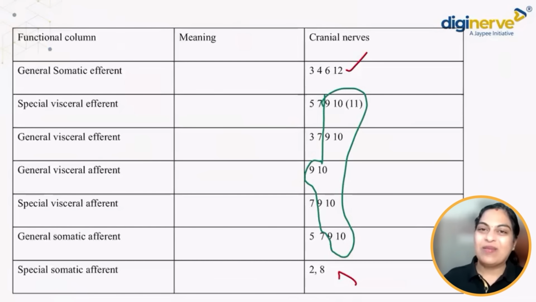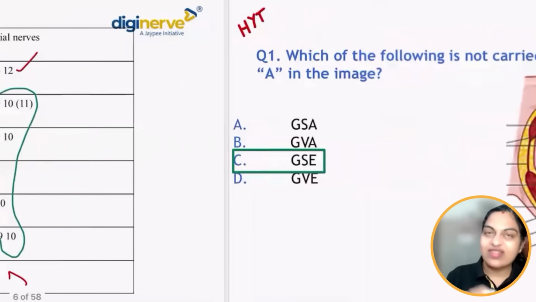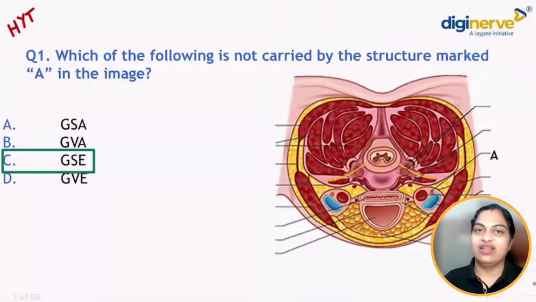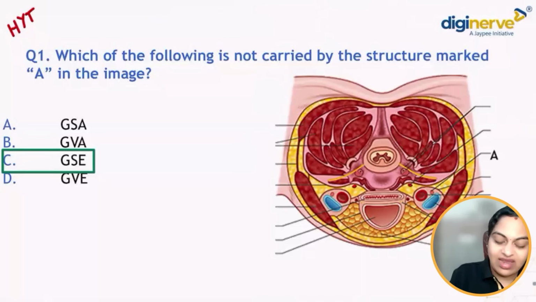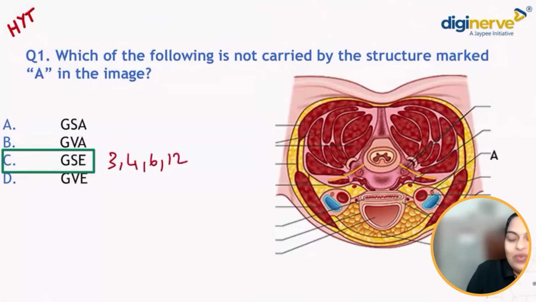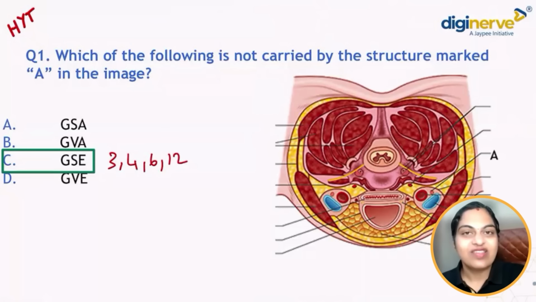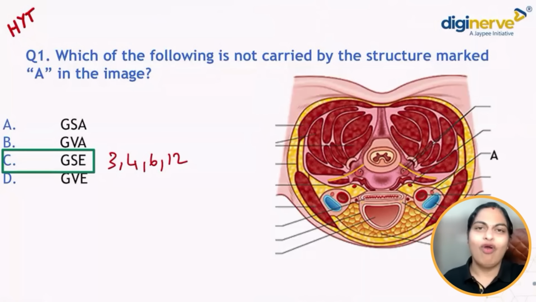That makes it easy. So the vagus nerve, the 10th cranial nerve, doesn't carry general somatic efferent. General somatic efferent includes 3, 4, 6, and 12. This is a standard question of moderate difficulty, a high yield topic.